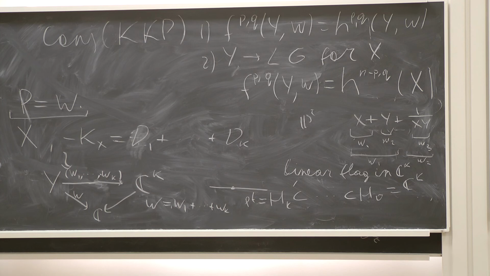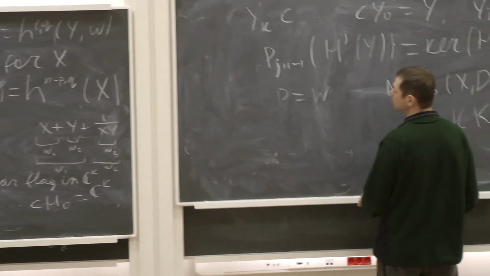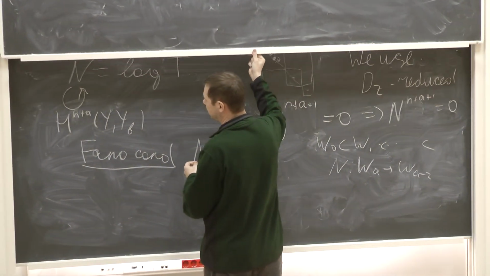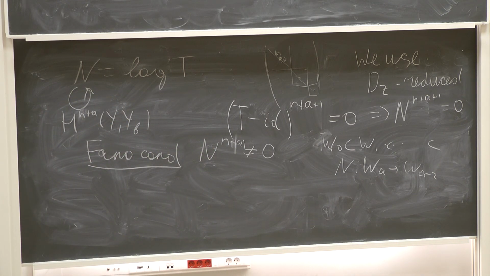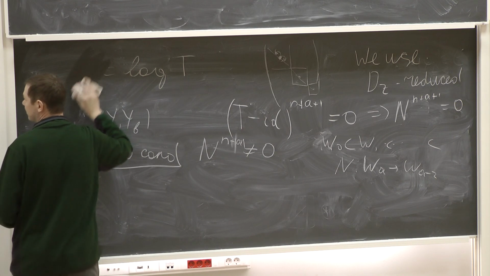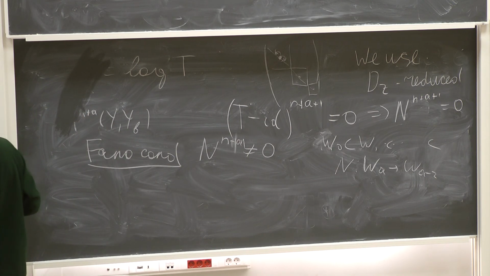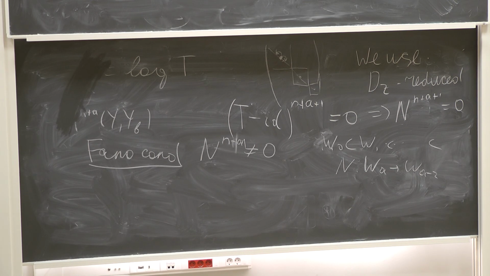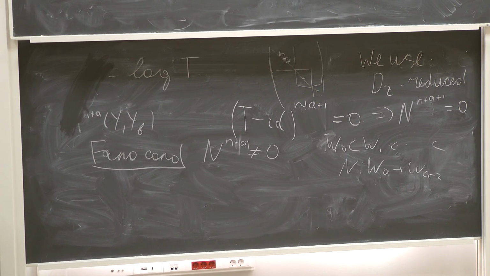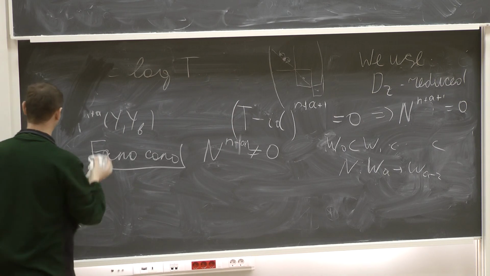20 minutes. Okay. So now I want to briefly discuss proofs of the KKP conjectures in dimensions 2 and 3. But before doing this, I should say that I told here that Y is a Landau-Ginzburg model for X, whatever it means.